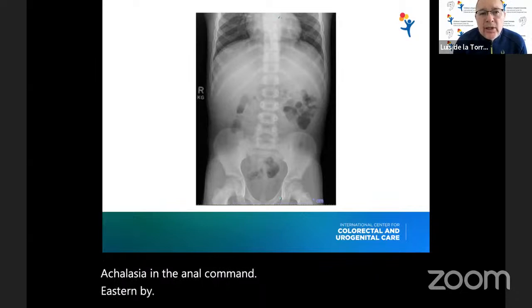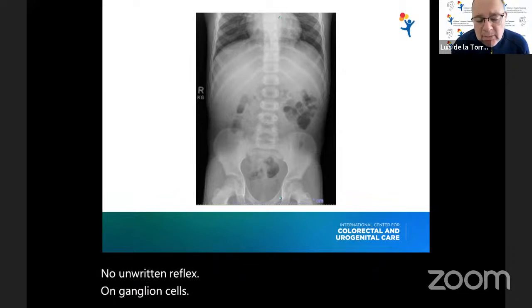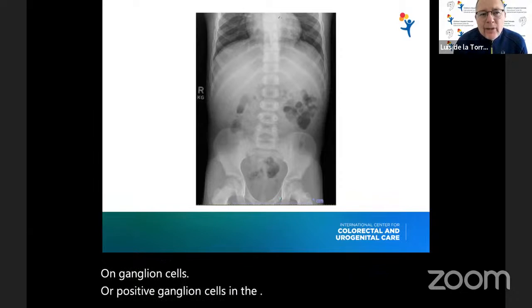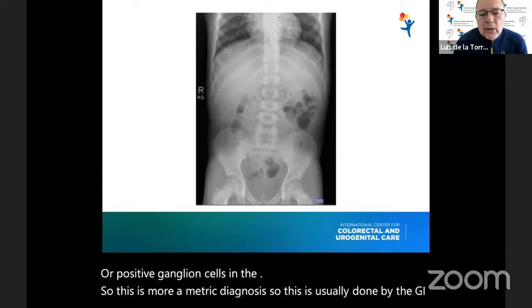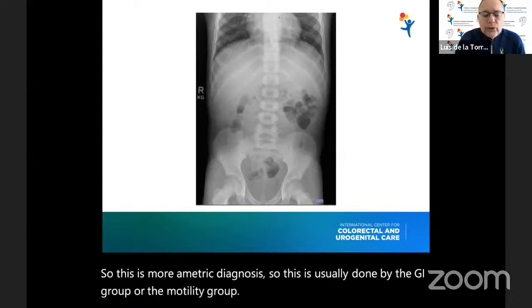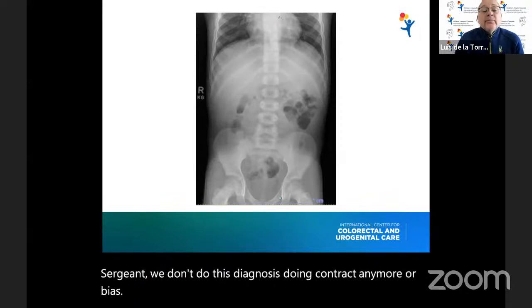And the definition is a patient with no anorectal reflex and positive ganglion cells in the rectum. So this is more a manometric diagnosis, usually done by the GI group or the motility group. As a surgeon, we don't make this diagnosis doing contrast enemas or biopsies. That's my opinion about this.